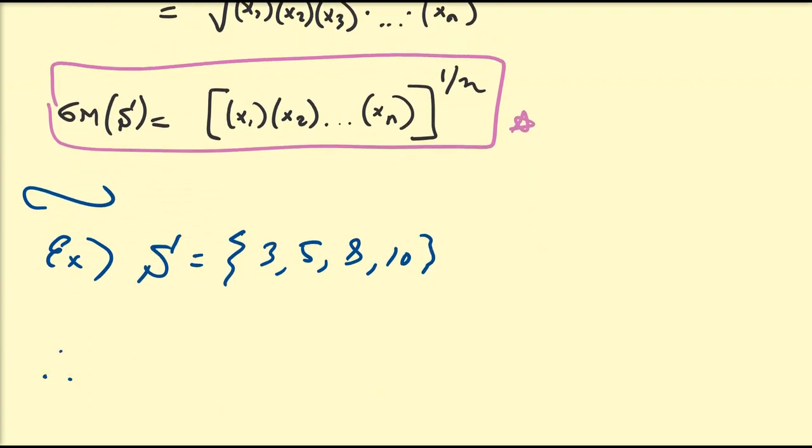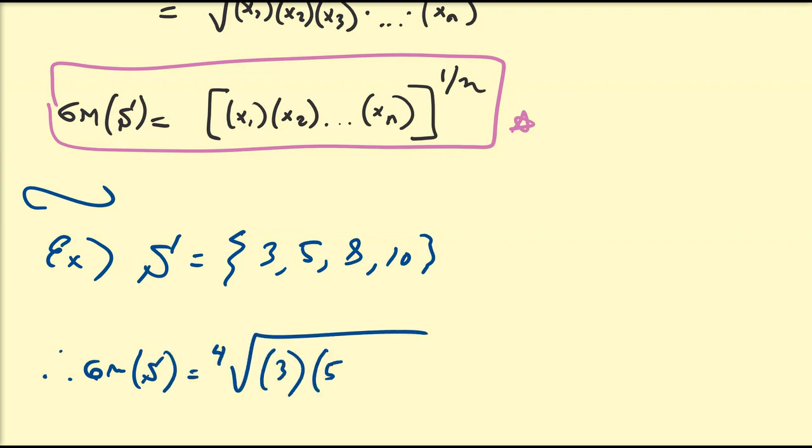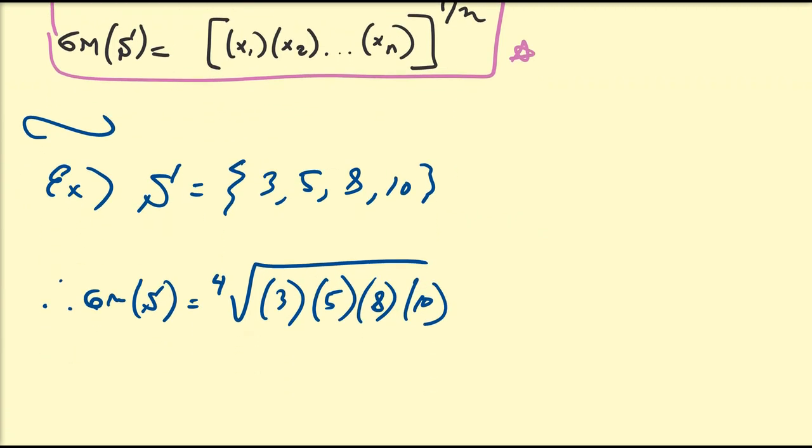Then the geometric mean of S is equal to the fourth root of 3 times 5 times 8 times 10. 8 times 5 is 40, 40 times 3 is 120, times 10 is 1200. So this is just going to be 1200 raised to the power of 1/4. With a calculator or some other methods, you can find this is approximately equal to 5.886.